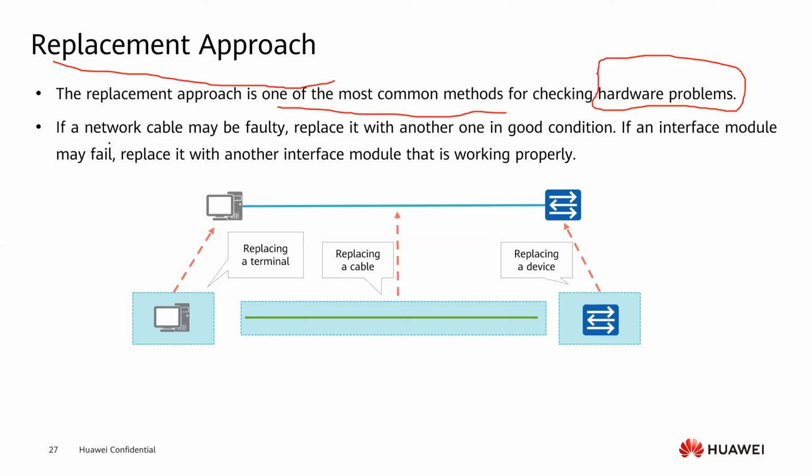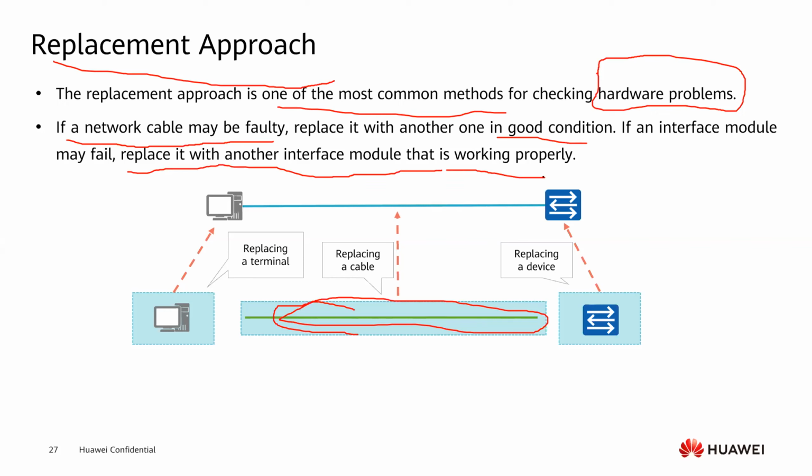So if our network cable may be faulty, we can replace the network cable with one in good condition. If an interface module may fail, replace it with another interface module that is working properly. We can also replace the device, replace the PC, replace the switch. Replacement approach.